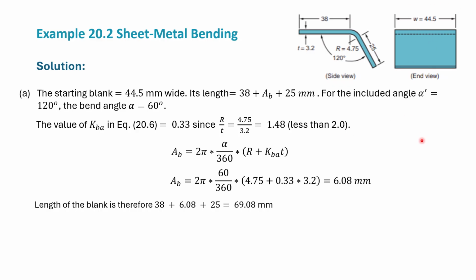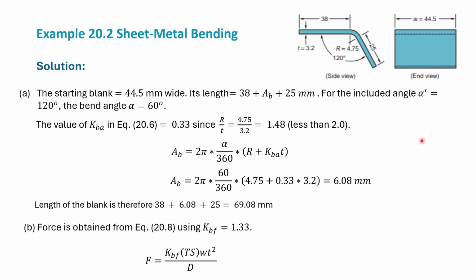Now we're calculating the force for the bending. We're using the V type, so Kbf is going to be equal to 1.33 as we mentioned earlier. The equation here says that Kbf is known, the TS or tensile strength is known, the width is known, the thickness is known, and the D value is known.